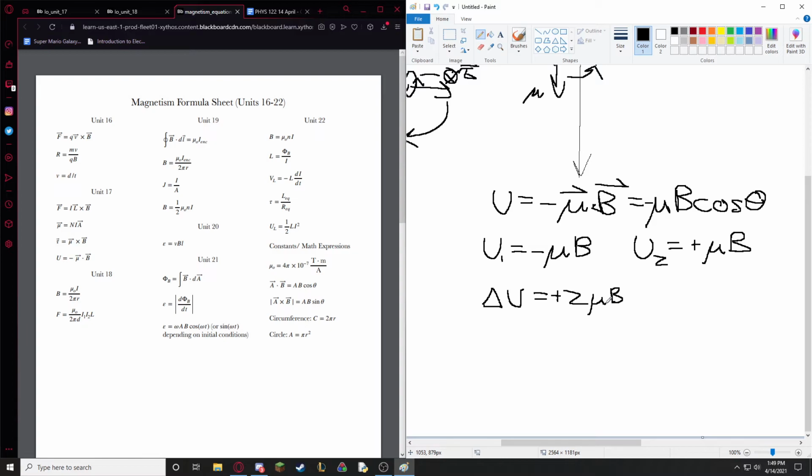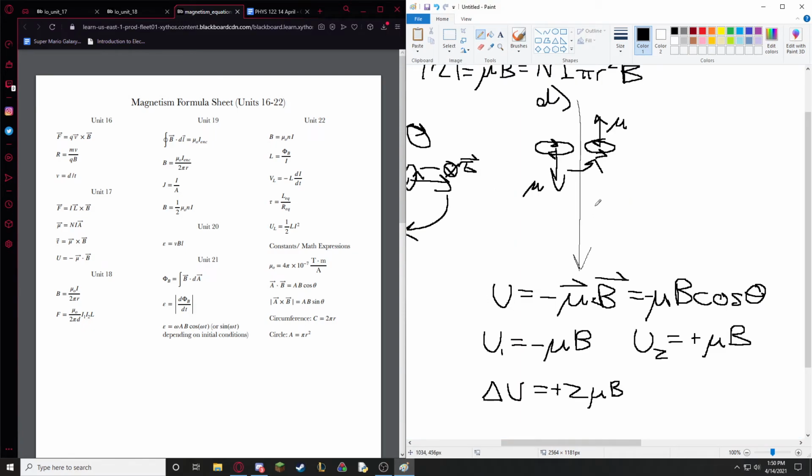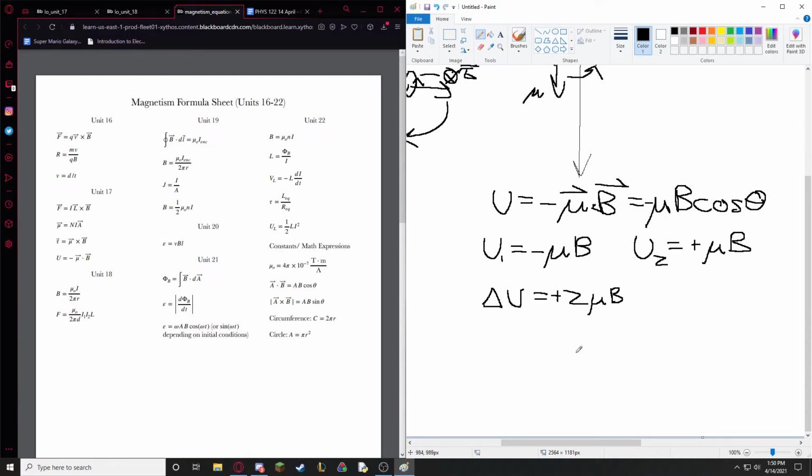How does work relate to the change in potential energy? Go ahead, Matthew. Are we talking about work done by the dipole or the magnetic field? By the magnetic field on the dipole. On the dipole. So work would just be the opposite of the potential energy in this case. Yep, exactly. I have a question. If it's work done by the magnetic field, what would it be then? Not magnetic field. I meant to say dipole.